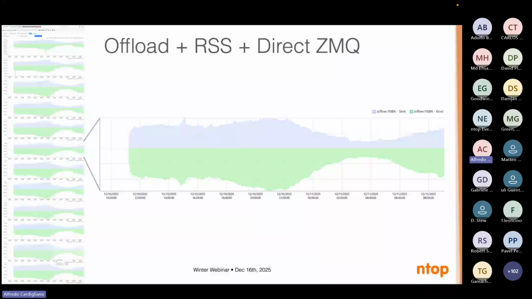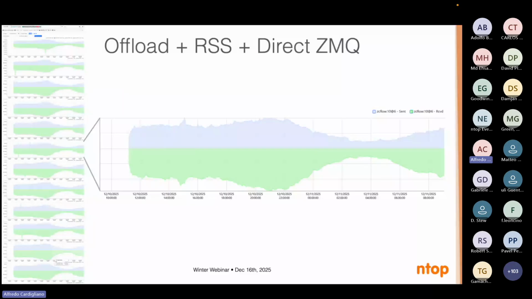Out of those 12 streams, we use the direct ZMQ to send the flow information to ntopng using 12 ZMQ endpoints.